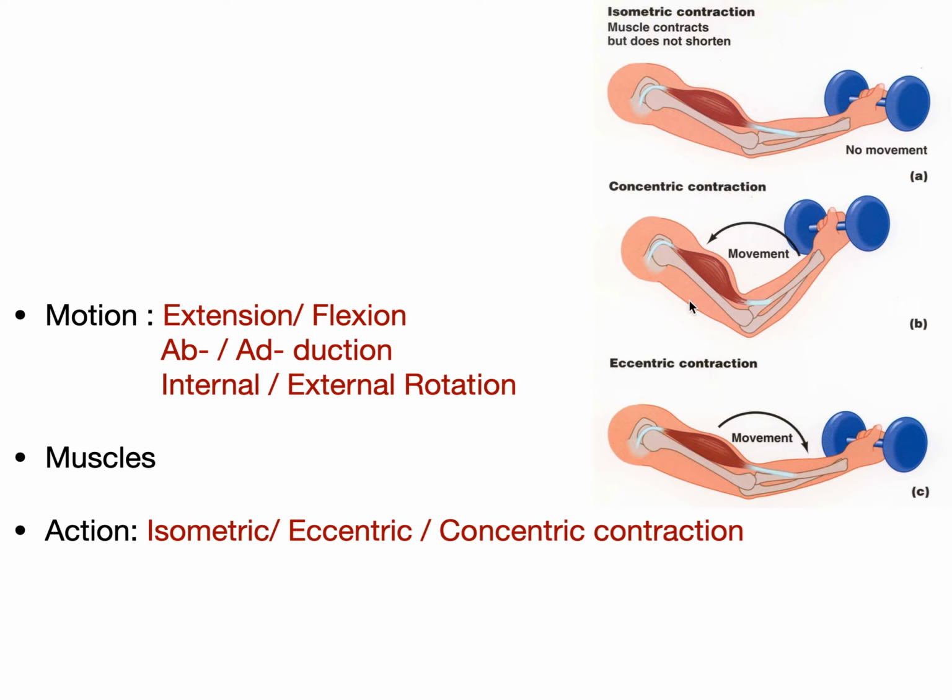Then when you put the dumbbell back down, your bicep is still controlling the movement, controlling the weight, but it's lengthening. That's eccentric contraction. And when there's no movement, it's isometric contraction.